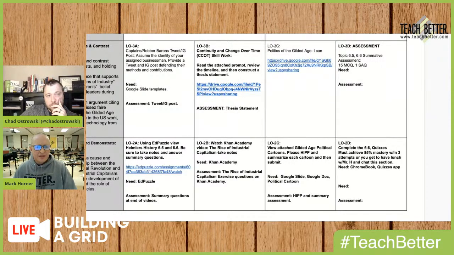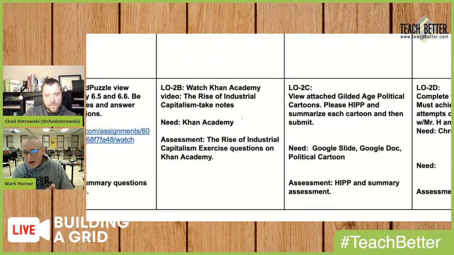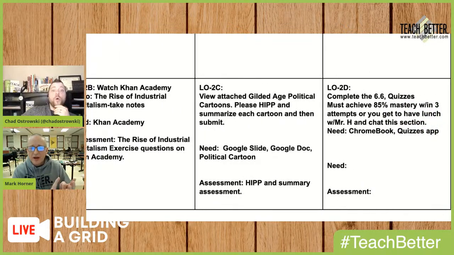And then the next activity is three Gilded Age political cartoons on a Google slide, and they each have a copy of it, and they HIP it. That's our little acronym for historical context, intended audience, point of view, and purpose.